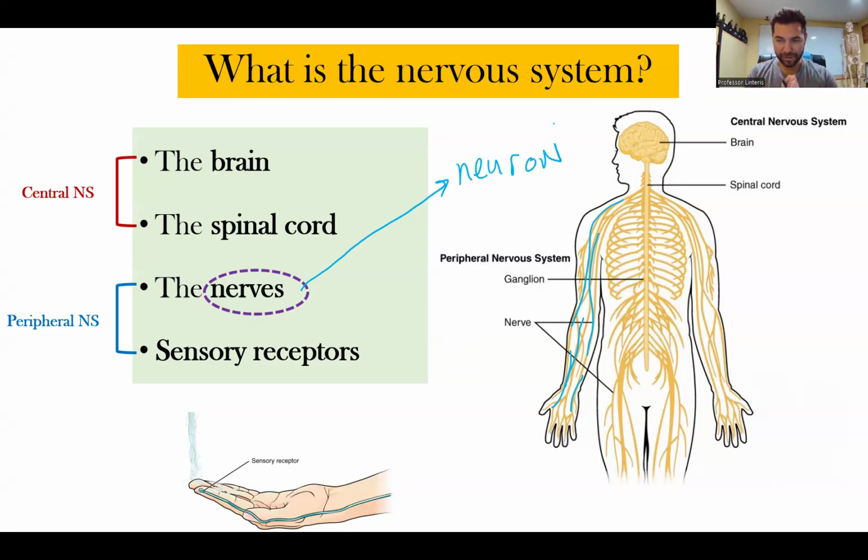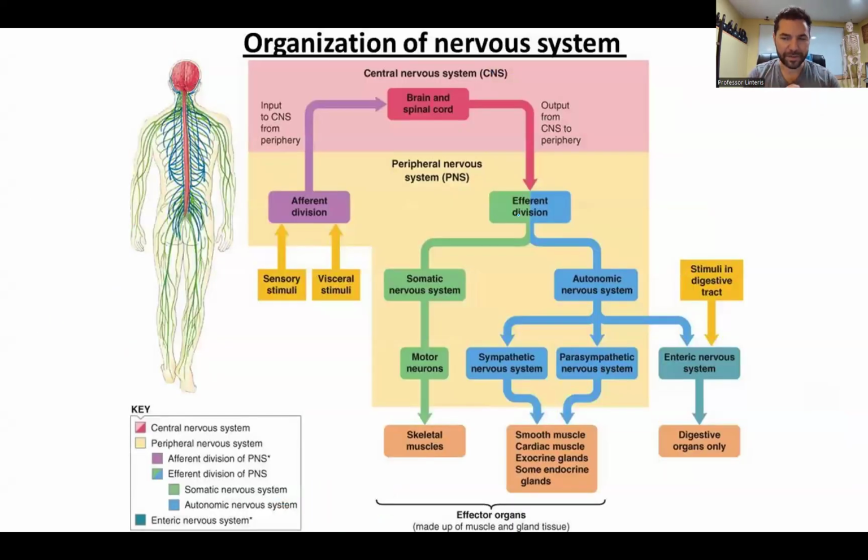So an important differentiation is the term nerve versus neuron. A neuron is the cell, and a nerve is a group of these cells. And on the last slide, as we progress through this PowerPoint, we will see what that nerve looks like and how it's composed. And in a future lecture, we'll talk about what spinal nerves are and cranial nerves and things like that.